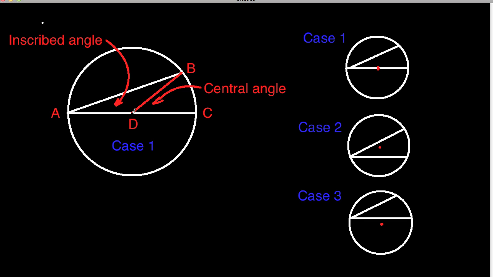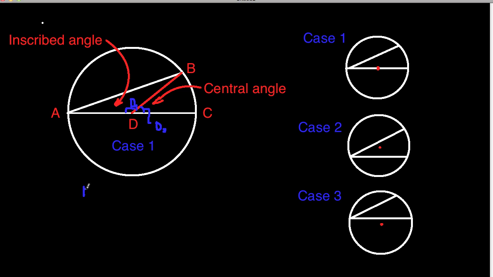Now, this is actually pretty straightforward to show. And in order to do that, let me call this angle right here D1, and let me call this angle right here D2. Now, we know that angle D1 plus angle D2, the sum of D1 and D2, equals 180 degrees.